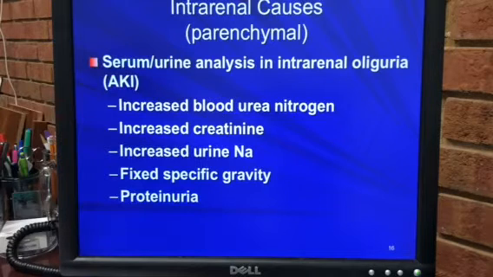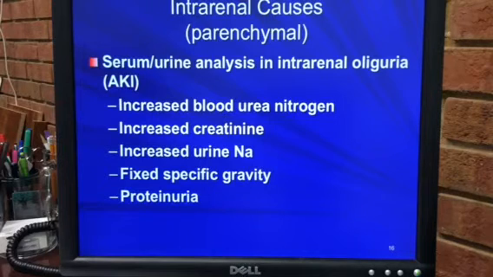In this situation, when the kidneys are broken, the ability to concentrate urine is not there. And so the urine becomes fixed. Well, what I mean by that is the specific gravity of the urine becomes fixed. And that's an indicator. It may look bad. The urine may look concentrated because it's got a lot in it, but it's not.